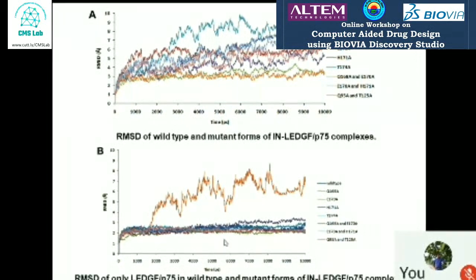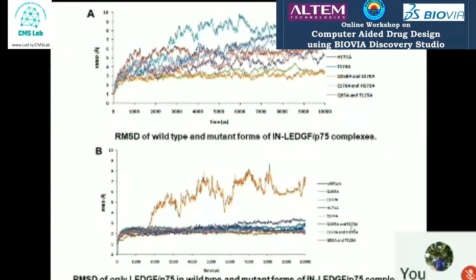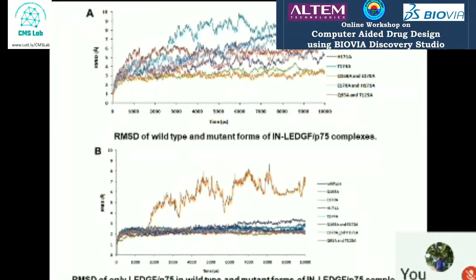Using that information, we identified two critical hotspots: residue 168 and 170, aspartic acid and glutamic acid.